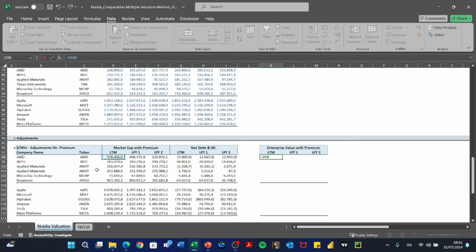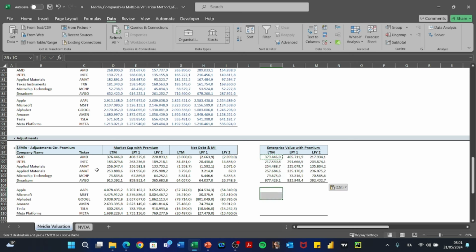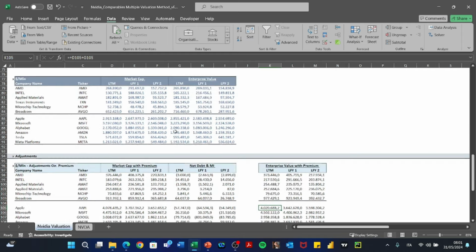This is the formula. Okay, so we have calculated our enterprise value with premium. As you can see, it is higher than the enterprise value without premium.